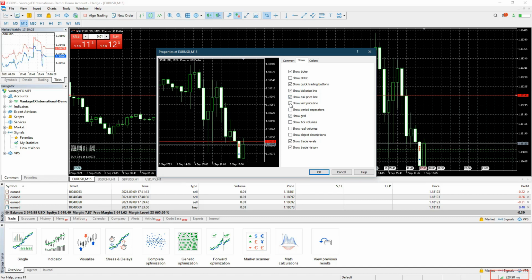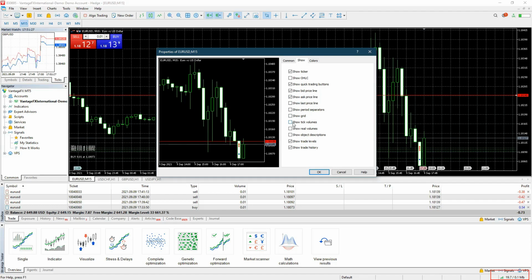The last price is almost like the bid price, so you don't need this. The period separators are the dividers that you see on your chart, so you don't need them. And the grids are not so important. I often don't like trading with the grids, so I'll just turn this off. Those are the lines you see there.